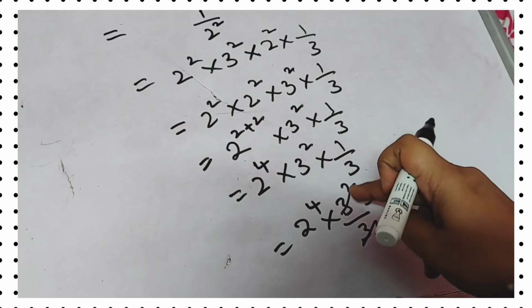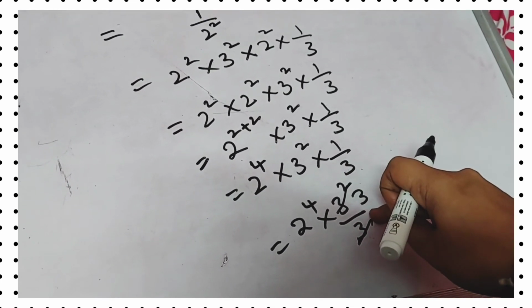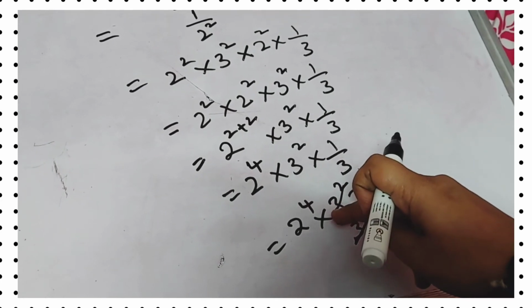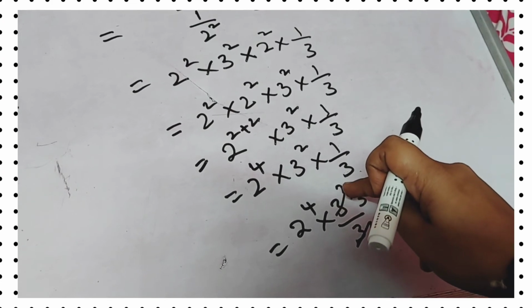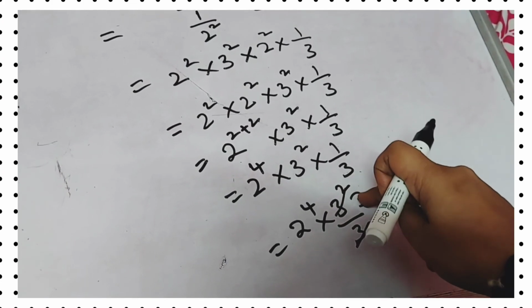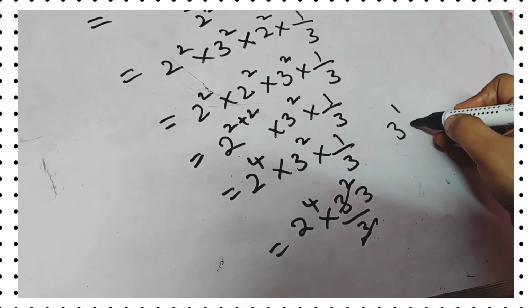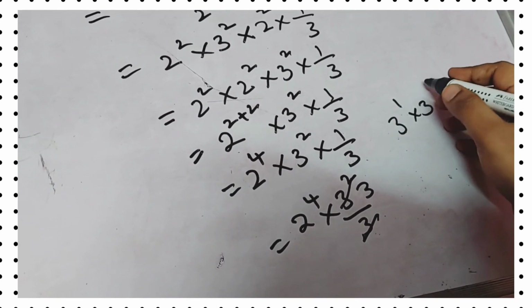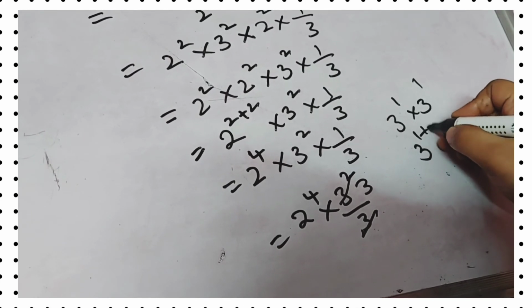Okay. So here 3 square is there, here 3 is there. Means it is 3 to the power of 1. So if you cancel 3 to the power of 1 from these 3 square, 3 will be left. Again 3 to the power of 1 will be left. So if we write 3^1 into 3^1, it is 3^(1+1).